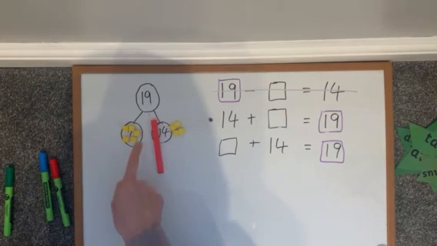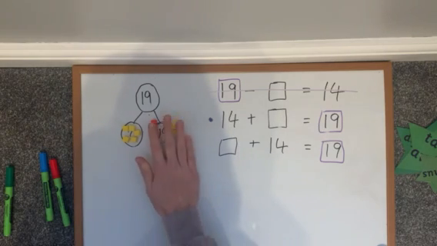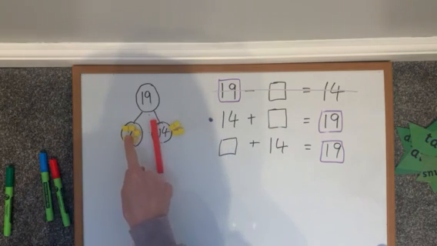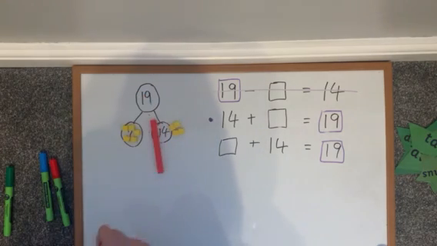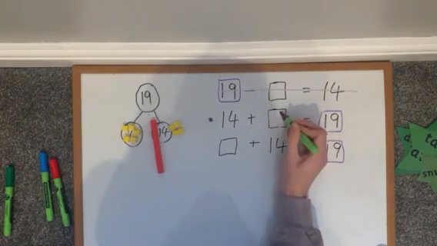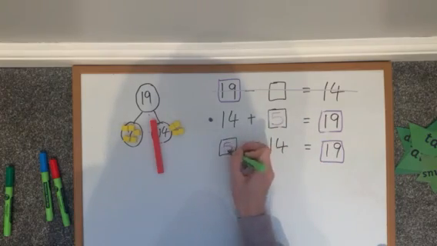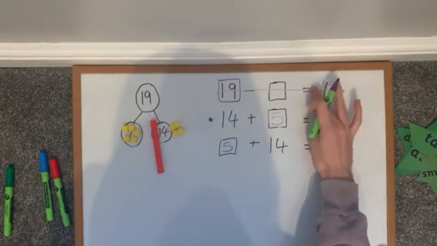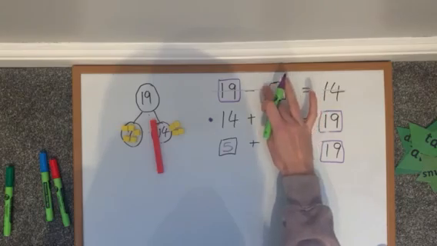So now the counters that are in that missing part are my missing number. So 14 plus 1, 2, 3, 4, 5 gives me 19 because it was 5 more jumps, 5 more counters until I got to 19. So my missing number is 5. So if I was doing takeaway, let's just uncross this.